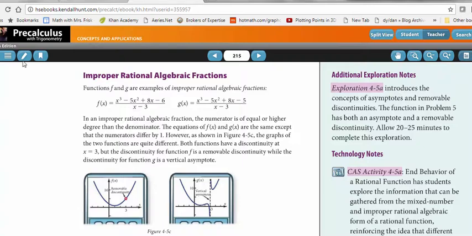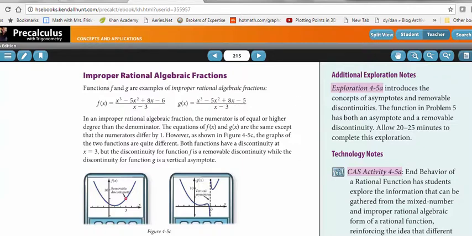You can see f of x ends up looking like this graph here with a removable discontinuity. And then g of x ends up looking like this graph here where we actually have an asymptote. So hopefully you're saying to yourself, well, this one must factor and x minus 3 must simplify with x minus 3 in the numerator. This one must not simplify, so that's why we end up with that asymptote.